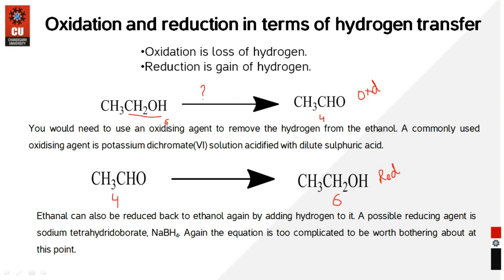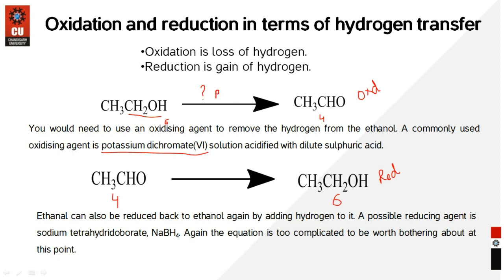So let's talk about some of the reagents which are usually used for this purpose. The commonly used reagent that converts alcohol into aldehyde is potassium dichromate solution with acidified sulfuric acid. Basically it is a strong one, it may convert into acid as well.